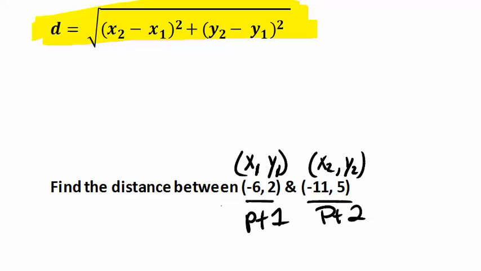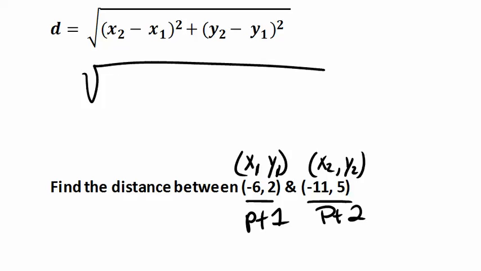From there, all you're going to do is plug into the formula up at the top. So I'm going to take the square root of all of this. x2 is negative 11, so negative 11 minus negative 6, and then we're going to square that.